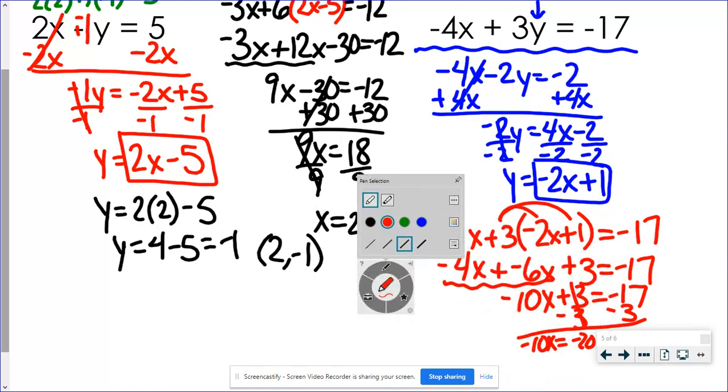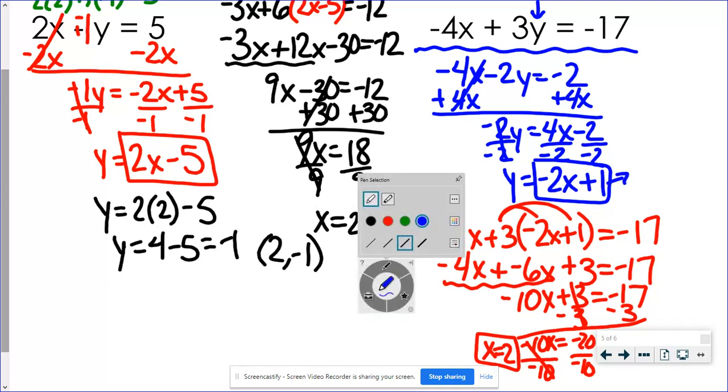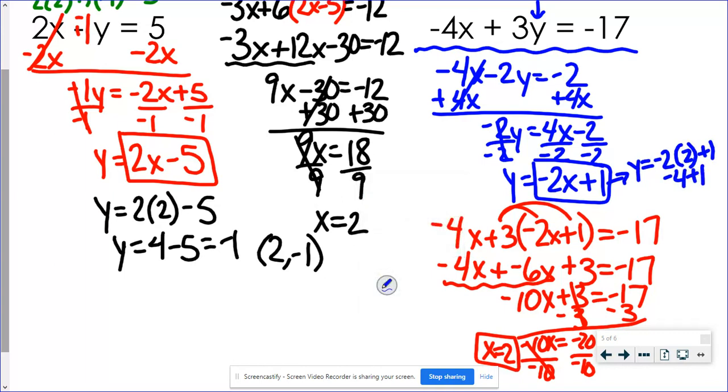When I divide by -10, I get that x is 2. That's my x. Then I'd have to find my y. So I'd go right here, and I'd say y equals -2 times 2 plus 1. So that's -4 plus 1. Then y is -3. So my ordered pair would be 2, -3.